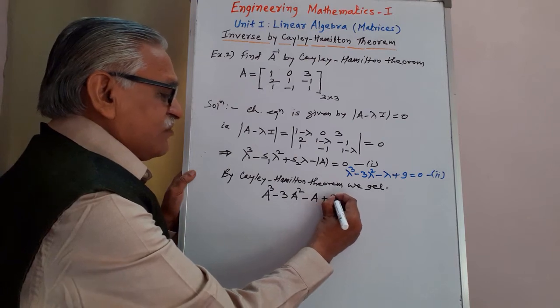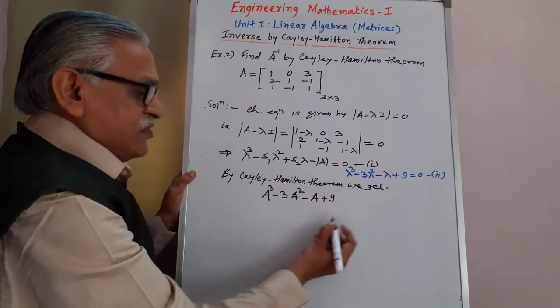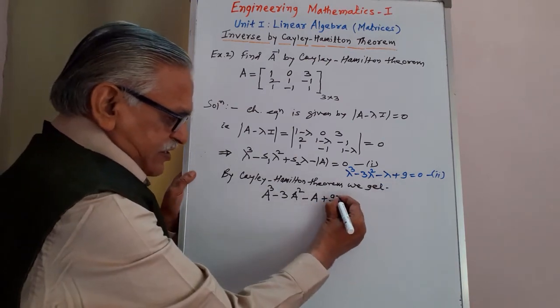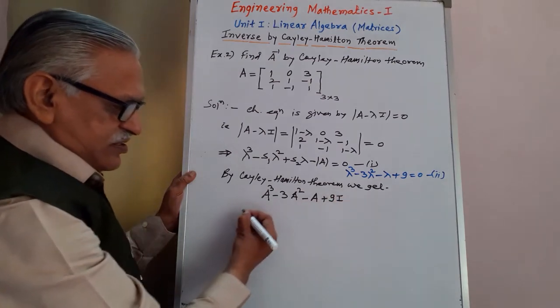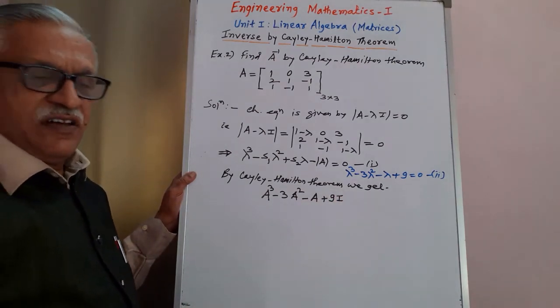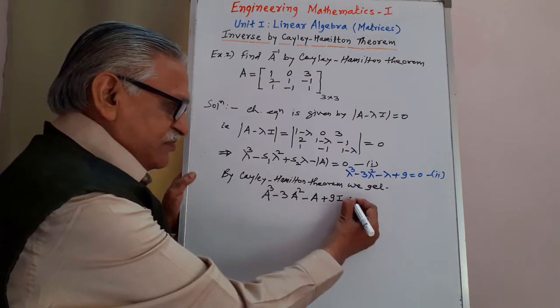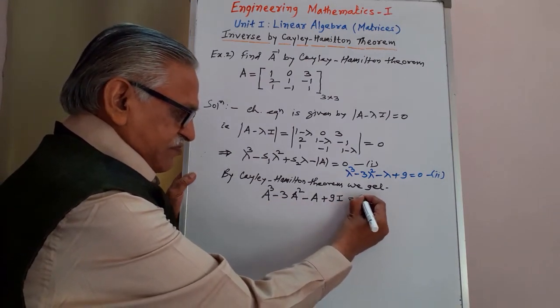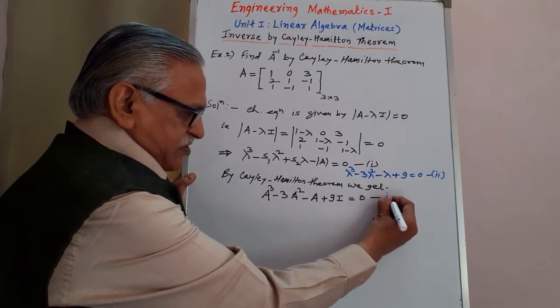That 9 we have to convert into matrix form by multiplying it by the identity matrix. Then only we can have the addition or sum of all these terms. We call this equation 3.